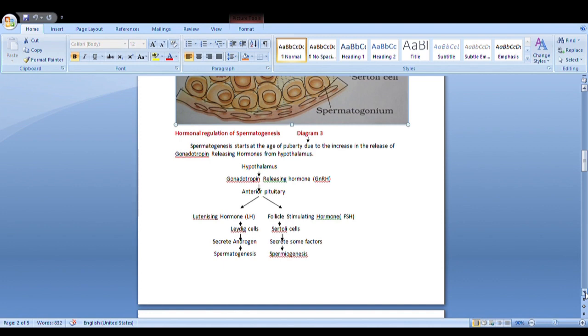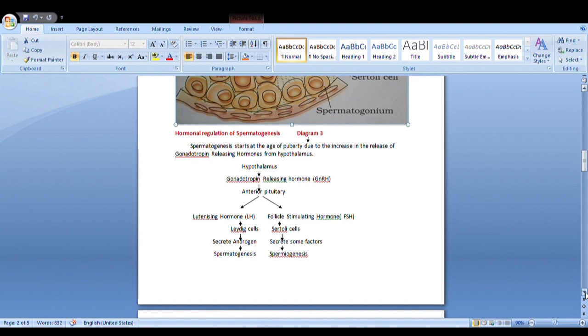At this time, there is an increase in gonadotropin releasing hormone in the body from hypothalamus. Gonadotropin releasing hormone is released from hypothalamus, we call it as GnRH. As a result of which spermatogenesis starts.